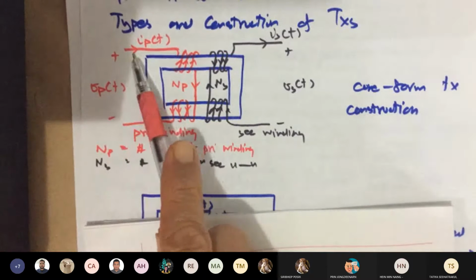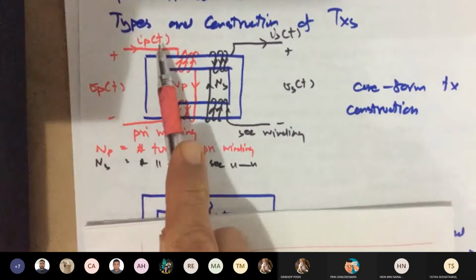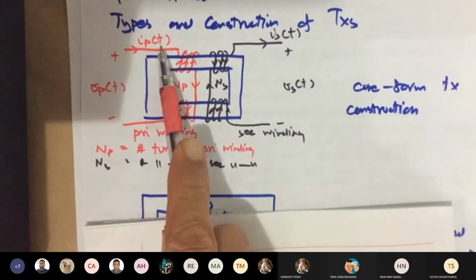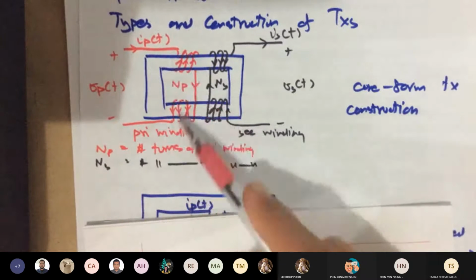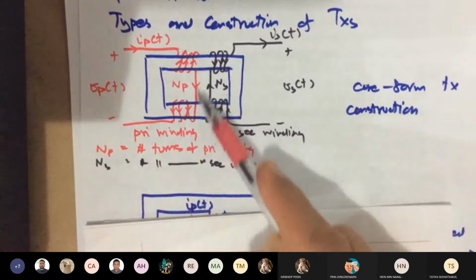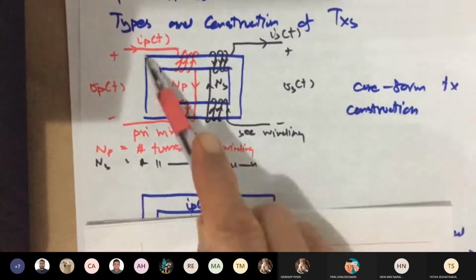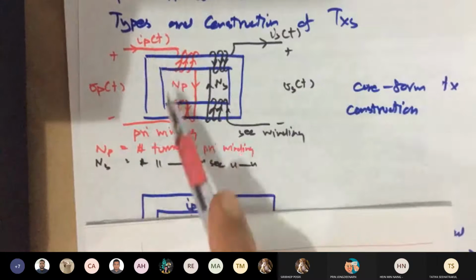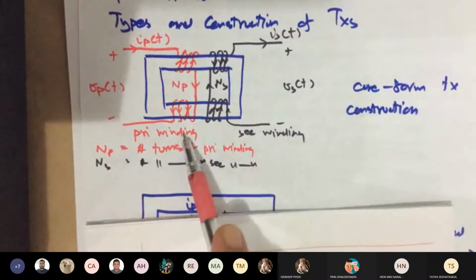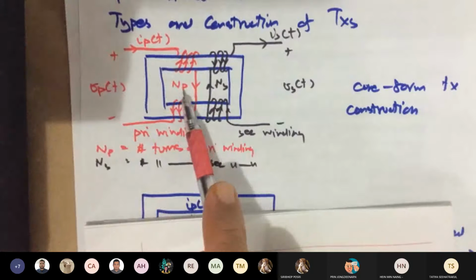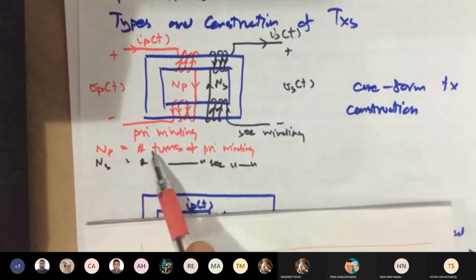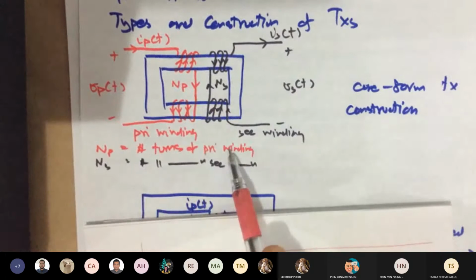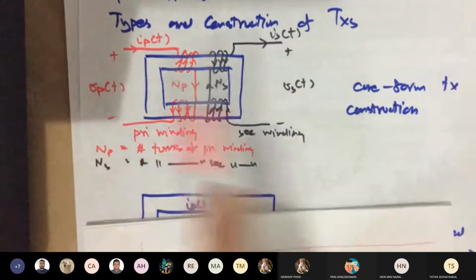That coil has the current i sub P as a function of time flowing in. This red winding is called the primary winding. It has N sub P turns, so N sub P is the number of turns of the primary winding, which is connected to the source.